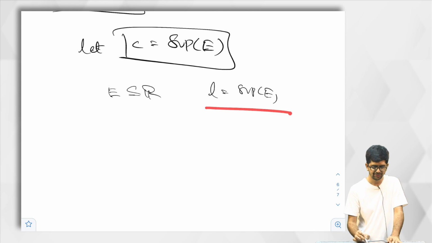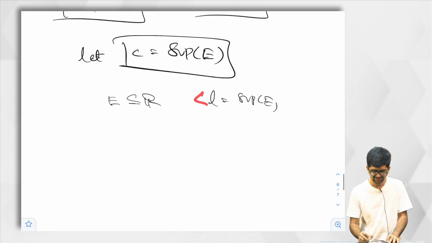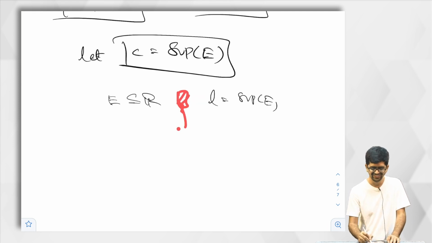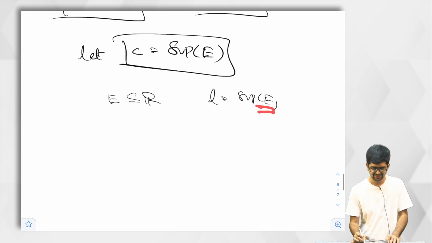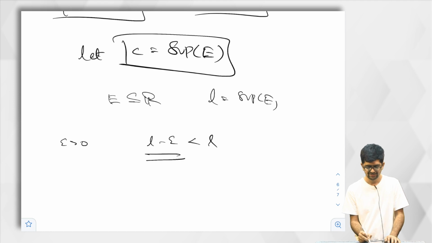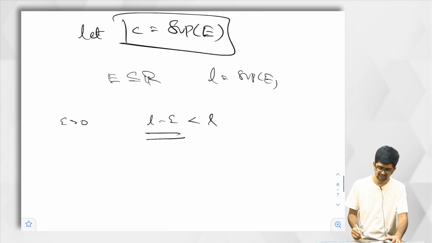The only property of supremum I know is the following. If I take any element less than this, then this is not an upper bound of the set E. So if I take some epsilon positive, L minus epsilon is less than L, so L minus epsilon is not an upper bound of E. What does this mean?